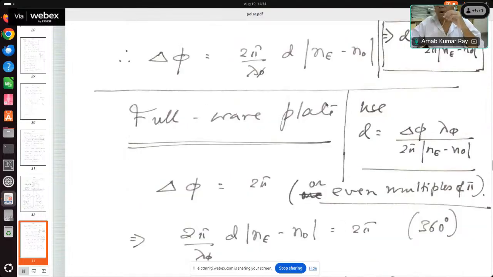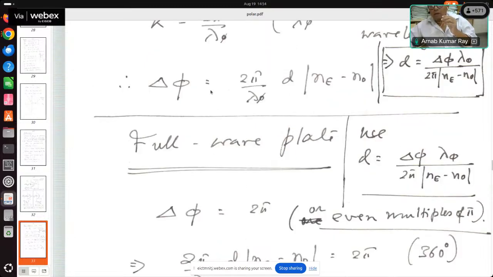Now, what about a full wave plate? For a full wave, the phase difference will be 2 pi, or integral multiples of 2 pi. Full wave corresponds to 2 pi phase difference. So that is the case of a full wave plate. So once you have this formula above, delta phi, you write 2 pi.